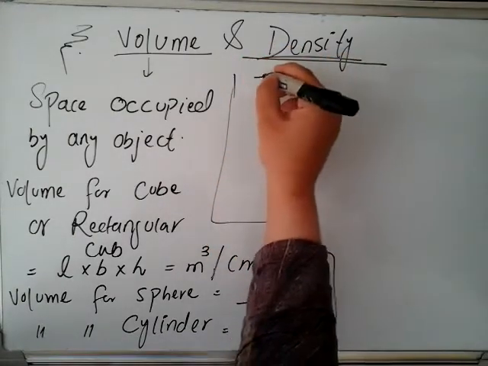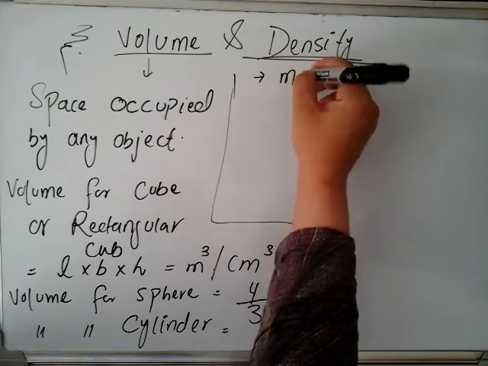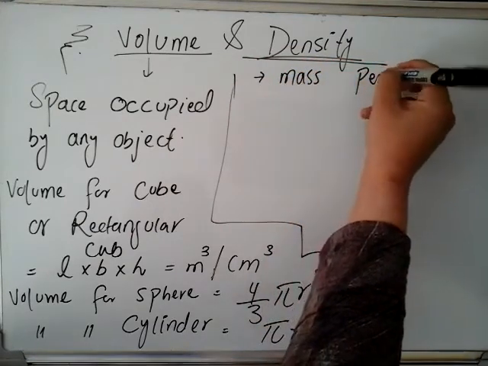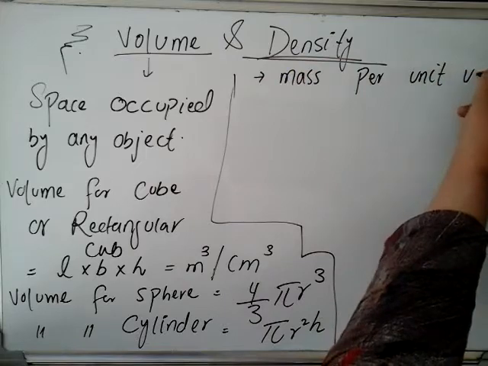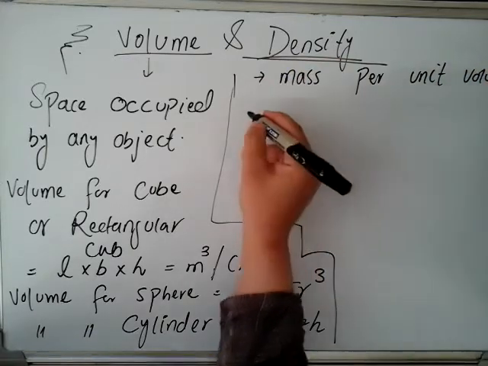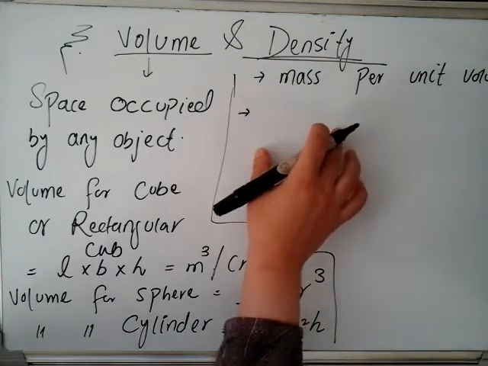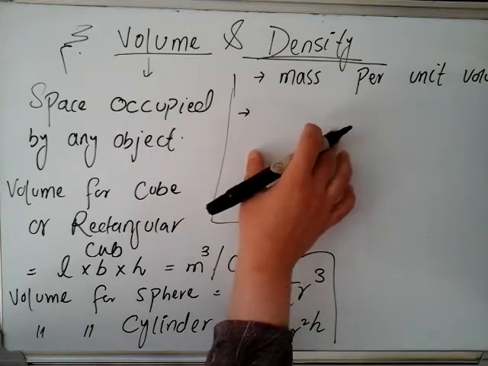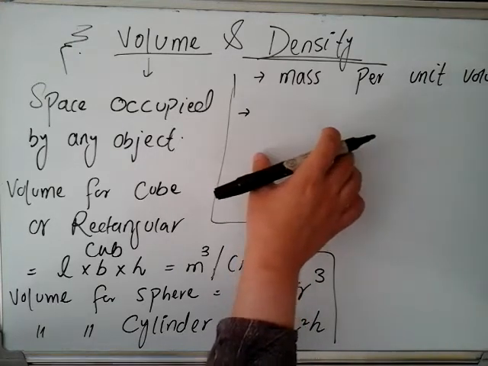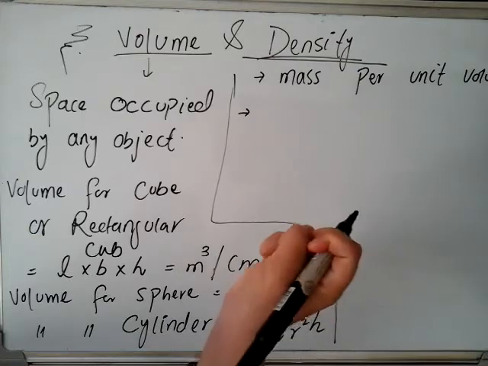On the other hand, density can be defined as the mass per unit volume. Mass per unit volume. It actually shows the extent to which the particles are close together.